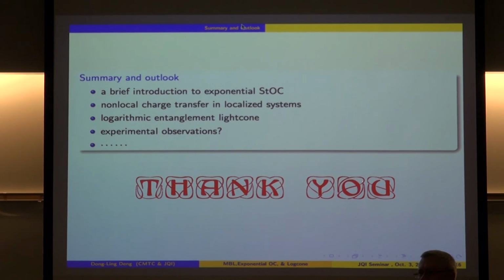For this logarithmic lightcone, since you are doing numerics, how can you rule out the case that if you wait long enough, it actually saturates? Yeah, that's a good question. The question is how I can know whether the entanglement entropy will saturate or not in the long time limit. In our numerics, we only did TEBD calculations. That means the bond dimension I can use is always limited to like 30 or 40.